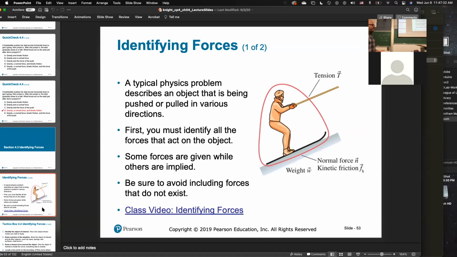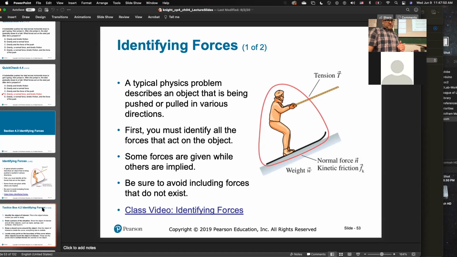So when you're trying to figure out what your forces are, draw a circle around it and think about what objects are interacting with my skier here. Well, if he's going up the bunny hill, there's the force of tension that's pulling him up the hill. There's the force of friction. He's in contact with the ground, so friction is pulling him back. There's also the force of gravity, which is pulling him down the hill as well.